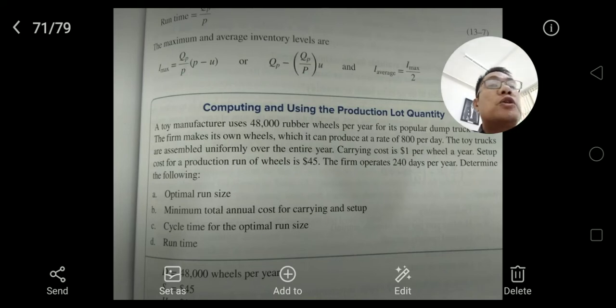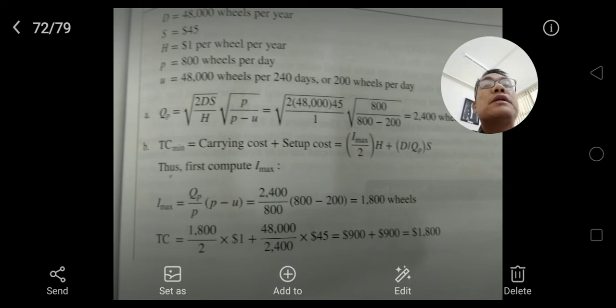Okay? So in this particular case, tingnan nyo dito sa book nyo, pag nabasa nyo yung problem, it helps if you write your given. Your annual demand per year is 48,000. Your S, what is S again?